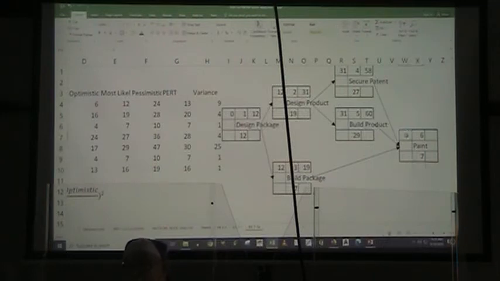All right, now, remember, how do we choose amongst these early finish times? We say it's going to be the maximum of our early finish for 4, our early finish for 5, and our early finish for 3.